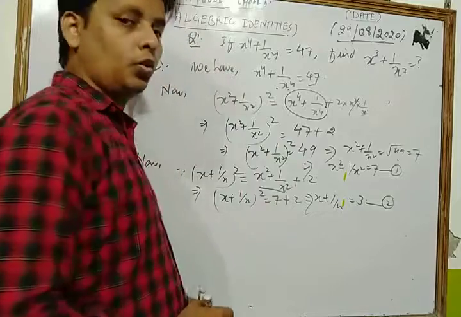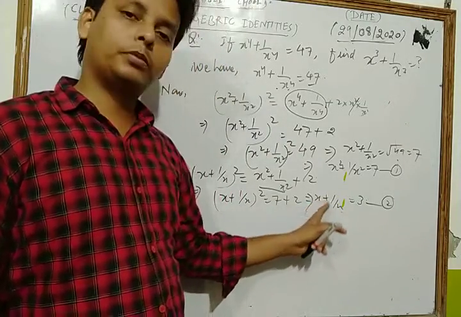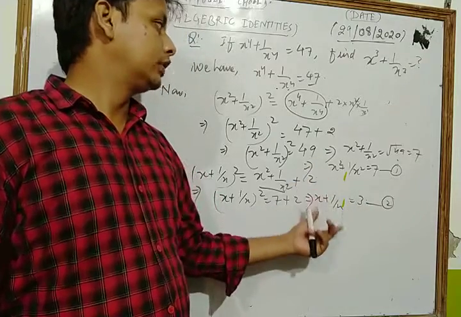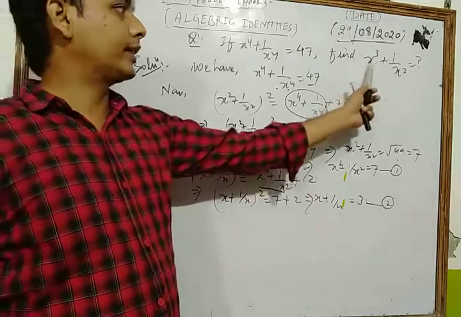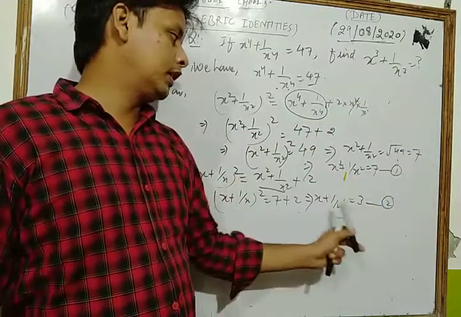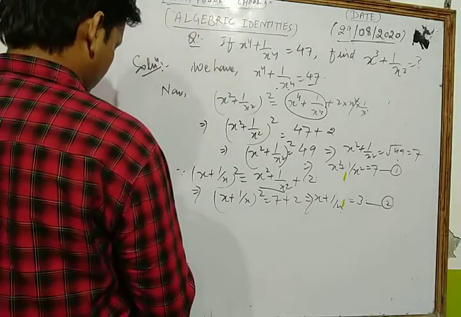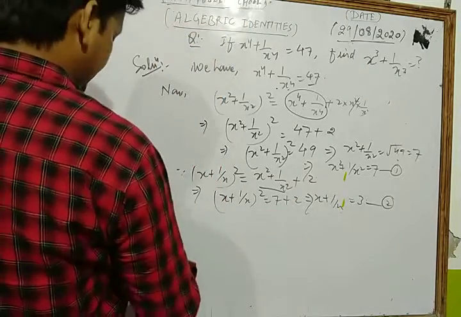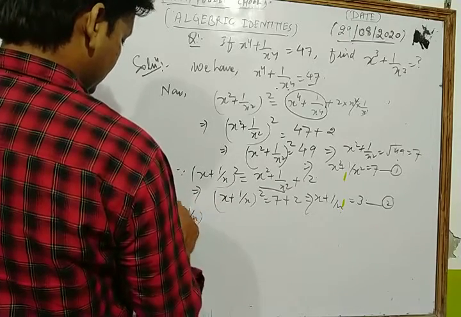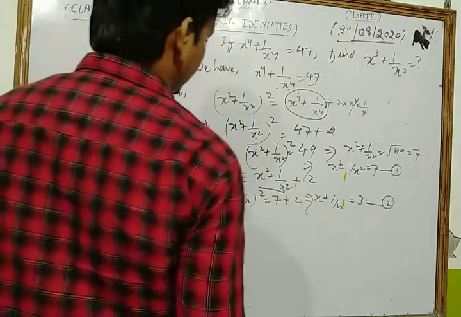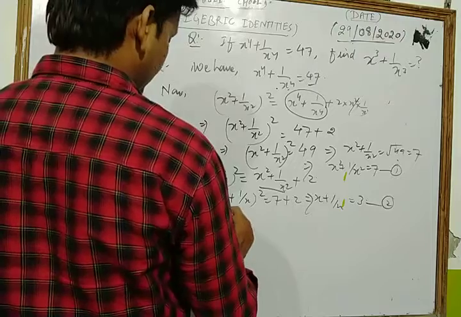Now we have the relation x plus 1 upon x is equal to 3, and we find the value of x cube plus 1 upon x cube. So, taking the cube on both sides of equation 2, (x plus 1 upon x) whole cube is equal to 3 threes are 9, 3 nines are 27.